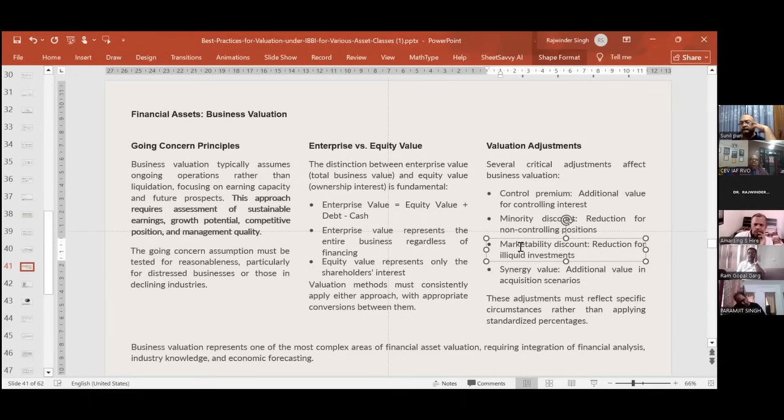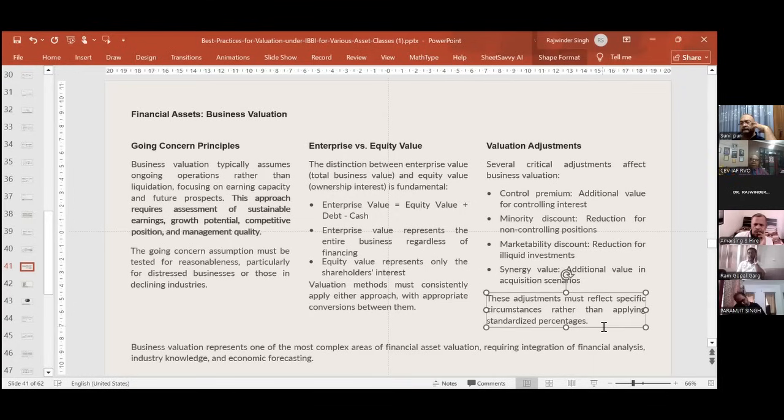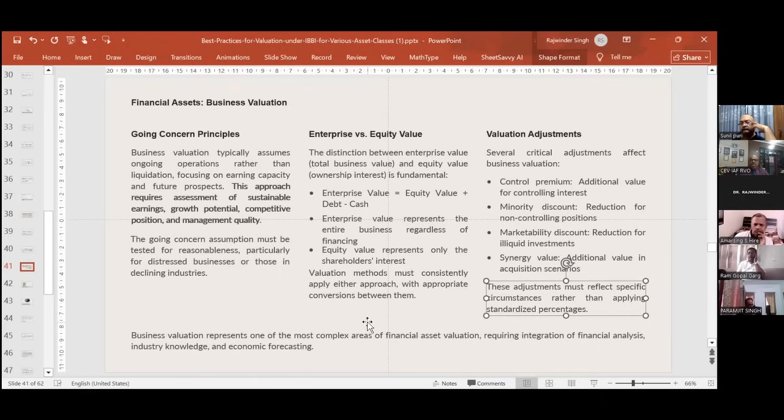Then synergy value, meaning additional value in an acquisition scenario. These adjustments must reflect specific circumstances rather than applying standardized percentages. Business valuation represents one of the most complex areas of financial asset valuation, requiring integration of financial analysis, industry knowledge, and economic forecasting.